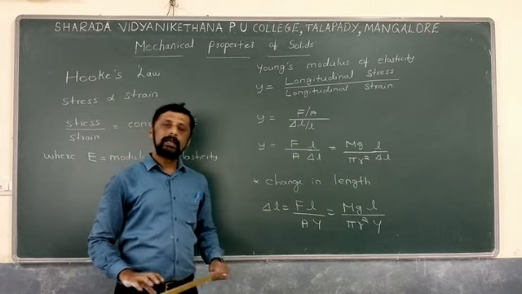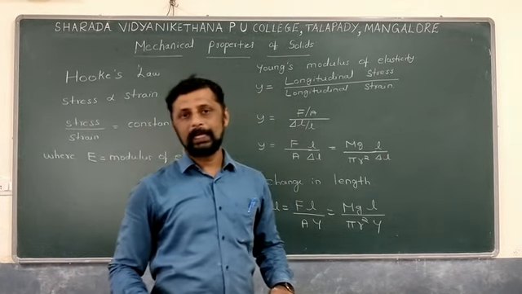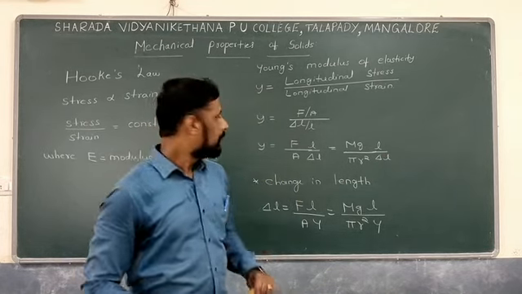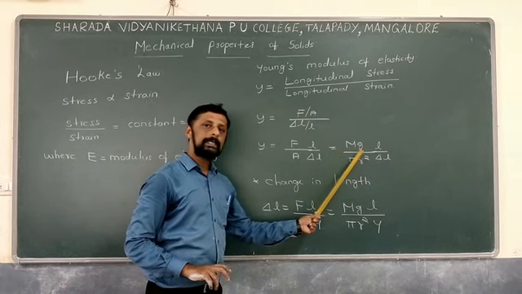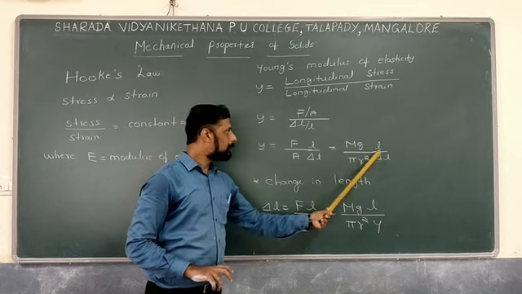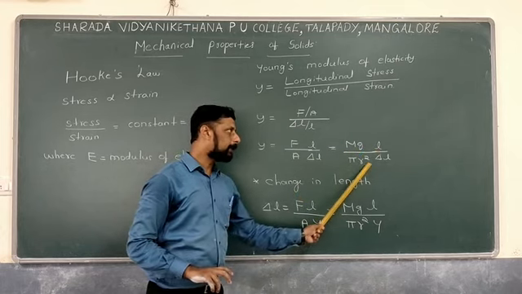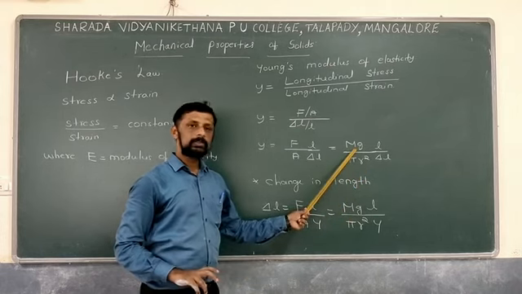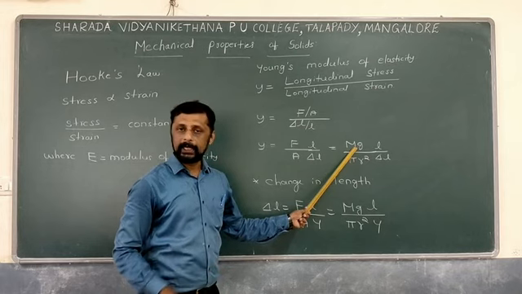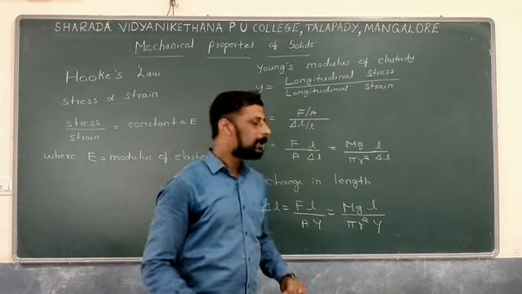If a force F acts on a wire of radius R by hanging a weight of mass M, then F can be written as M into G, and A means area, which can be written as pi r square, where r is the radius.